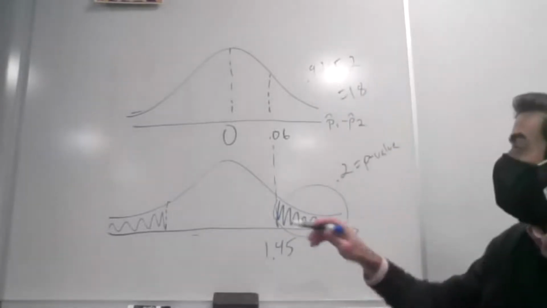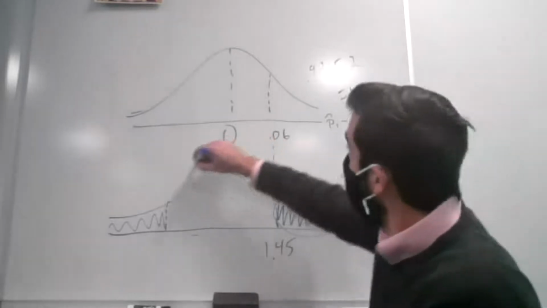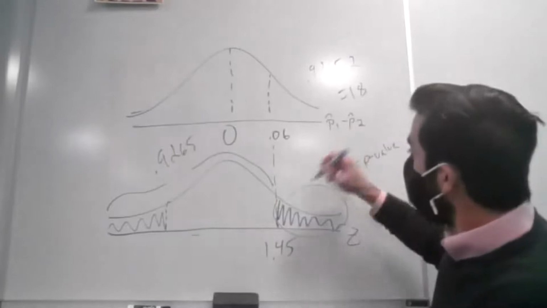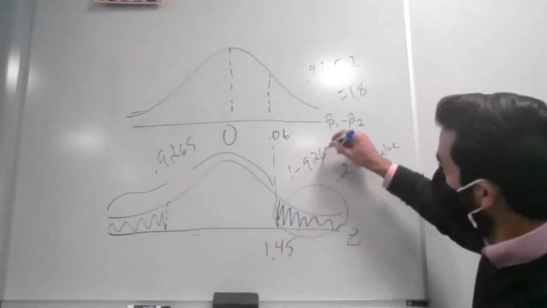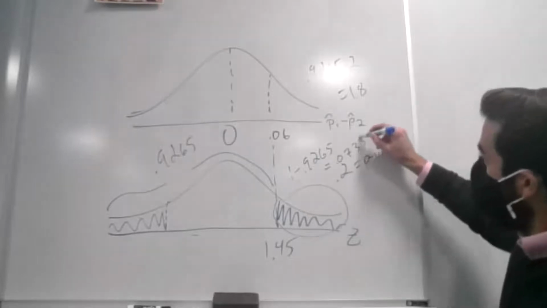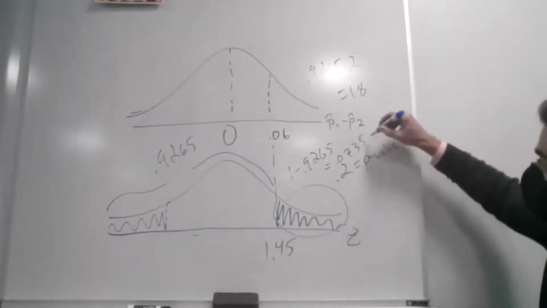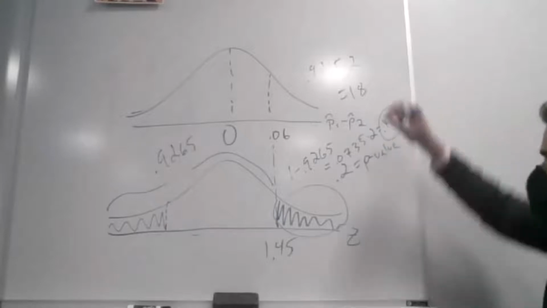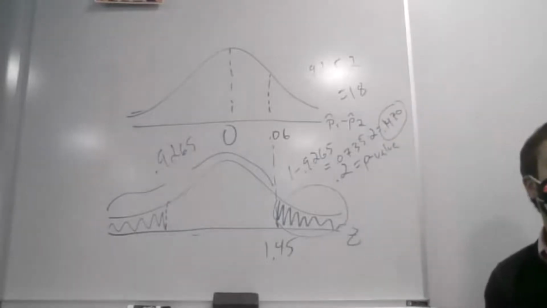The area to the left was 0.9265. I wanted the area to the right, so I subtract that from 1, which leaves me with 0.0735. I then multiply that by 2 to get my total p-value. So my p-value there is 0.1470.